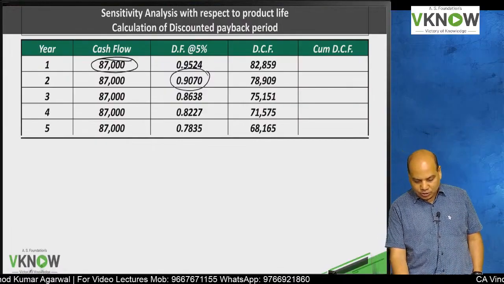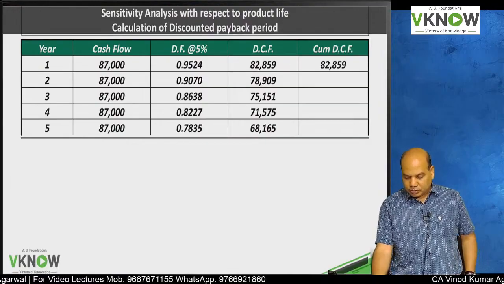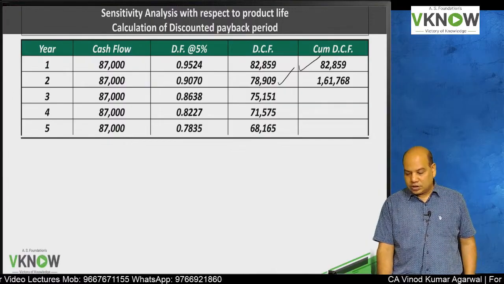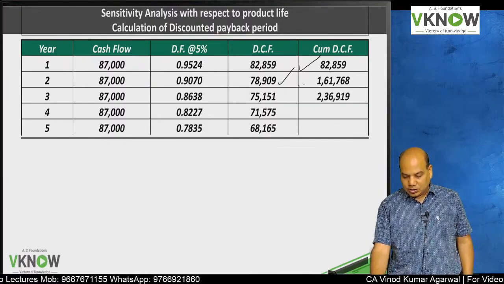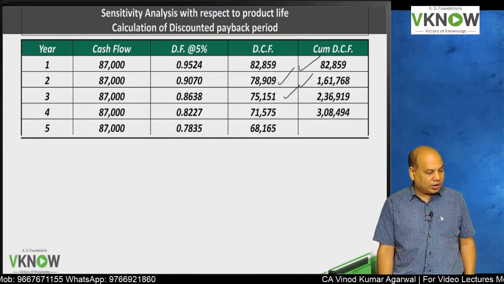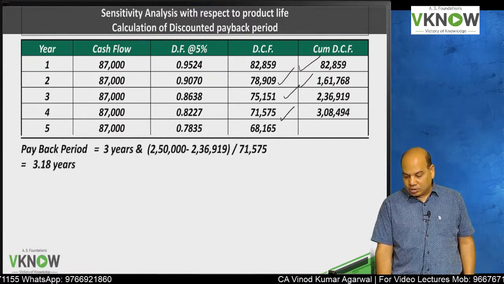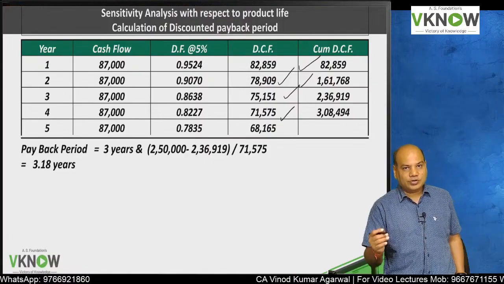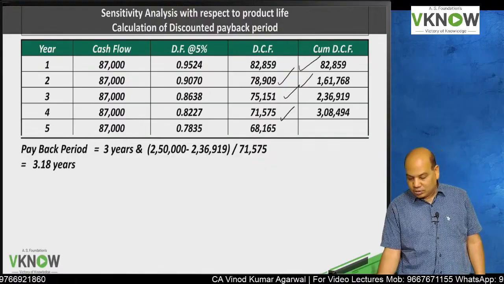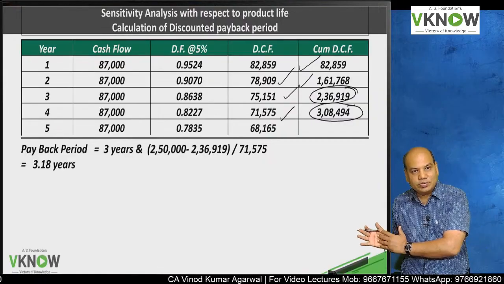Now the next column is cumulative discounted cash flow. First number will be same, this plus this, 161,768, this plus this, 236,919, and 236,919 plus this number. Once you have crossed 2,50,000, once I have crossed my initial investment, further calculation can be avoided.